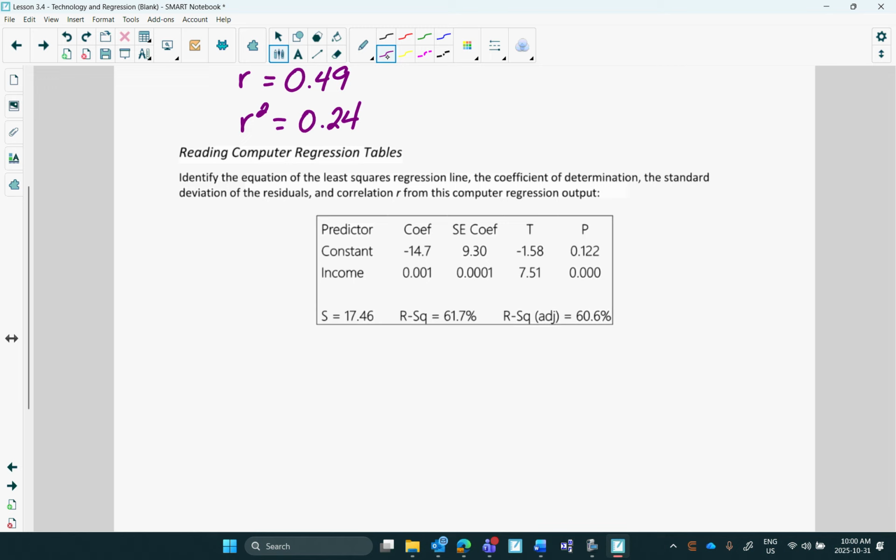So how do we read this? Well, constant, if you think of constant, it doesn't have a variable, which means this is the y-intercept. Okay? Right below it, this is the slope.